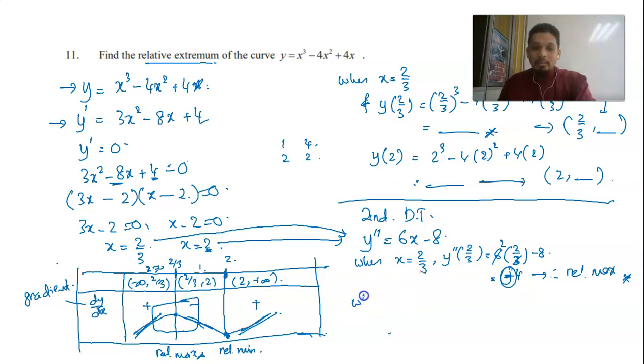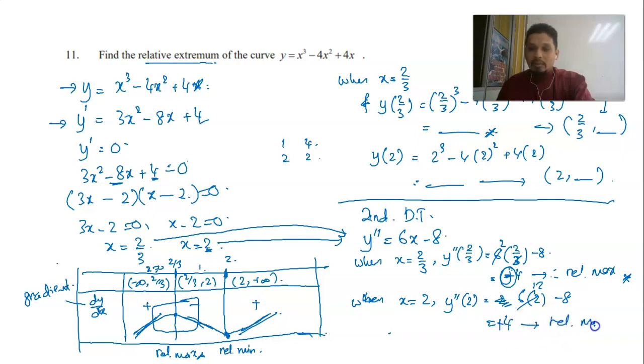And then when x equal to 2, the second derivative 6x minus 8, 6 times 2 equal to 12, minus 8 equal to 4, a positive value, so we come up with a relative minimum. You can see here is a relative minimum.